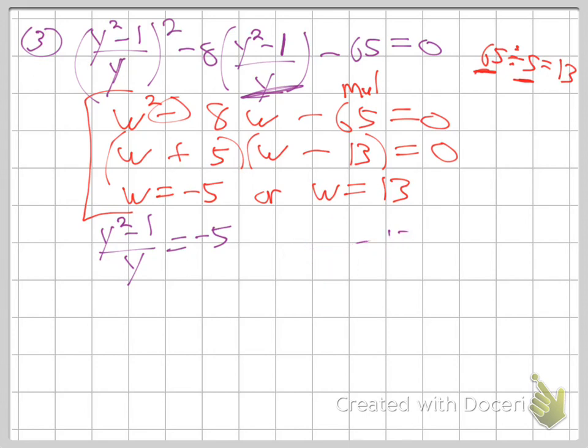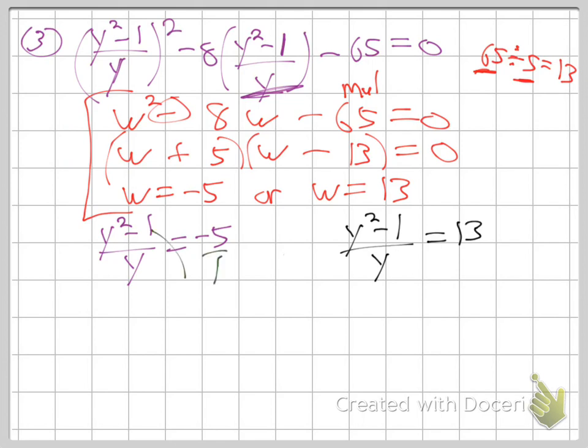In fact, let me change the colors to make it easier to follow. Okay, so now, what do I do to solve those things? How do you solve the one on the left? Cross multiply, huh?